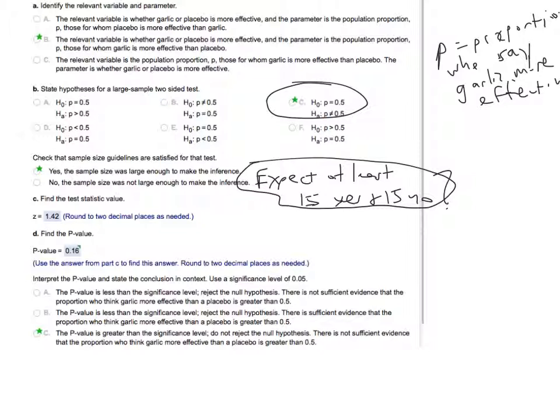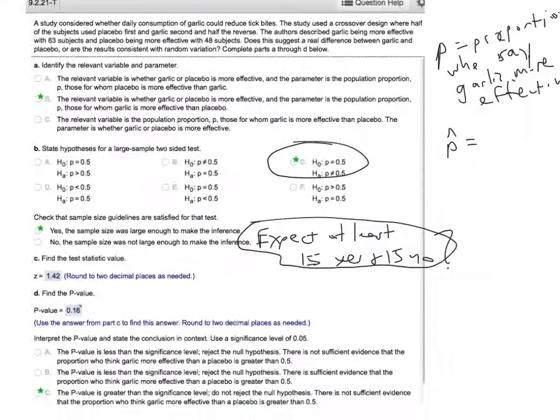The first thing we have to do is calculate our p hat. This is what we're going to use to test our hypotheses. And our p hat is going to be, well, it's got to be consistent with our p. If p is the proportion who say garlic is more effective, then p hat should be the proportion in the sample that say garlic is more effective.